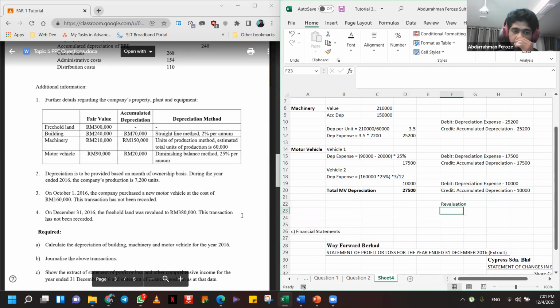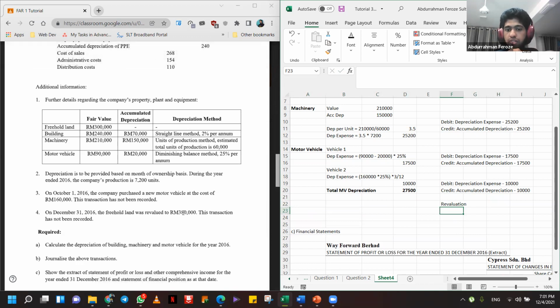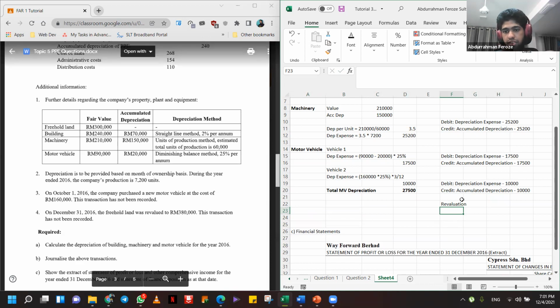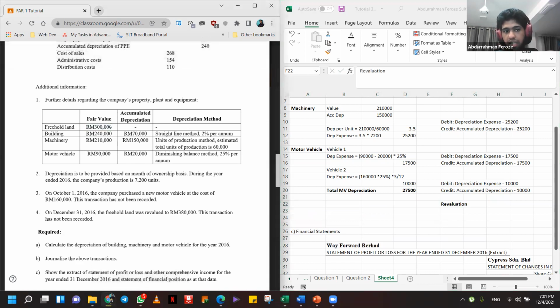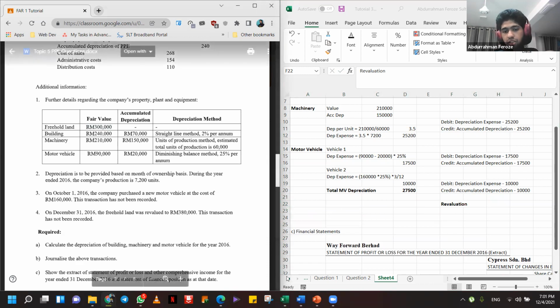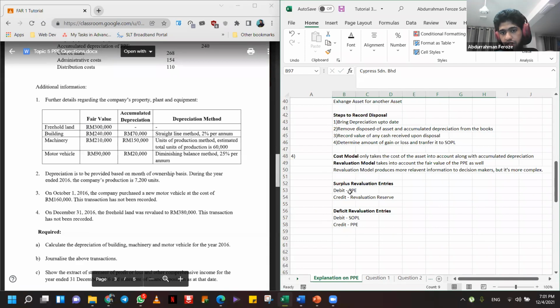Revaluation. The freehold land was revalued at 380,000. So this is a revaluation surplus because the value of it was 300,000, and that has now increased to 380,000. As I showed earlier, when there's a revaluation surplus, you debit the PPE, the freehold land, and you credit revaluation reserve.